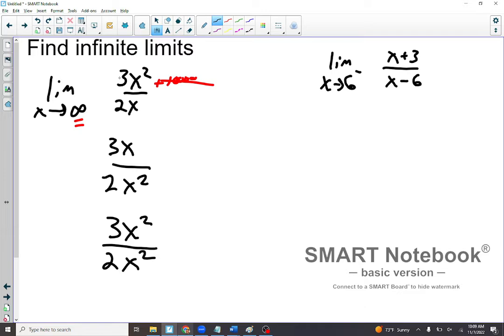In this case, 3x squared over 2x, infinity squared is going to grow much bigger than infinity, so it's going to grow out of control. I don't care about anything behind it, I just care about the biggest ones. Since the top is going to grow to infinity faster than the bottom, this overall will be infinity.